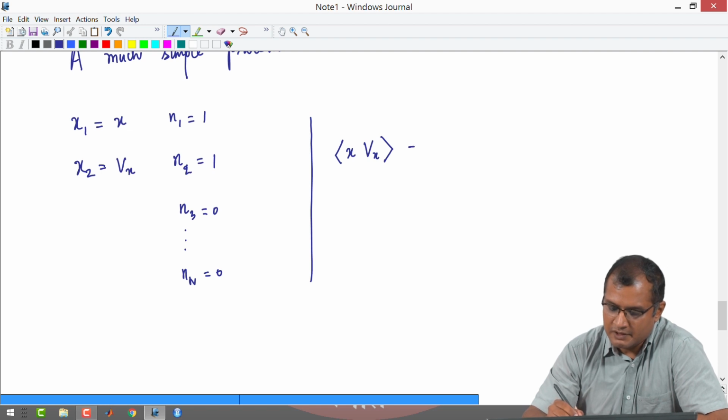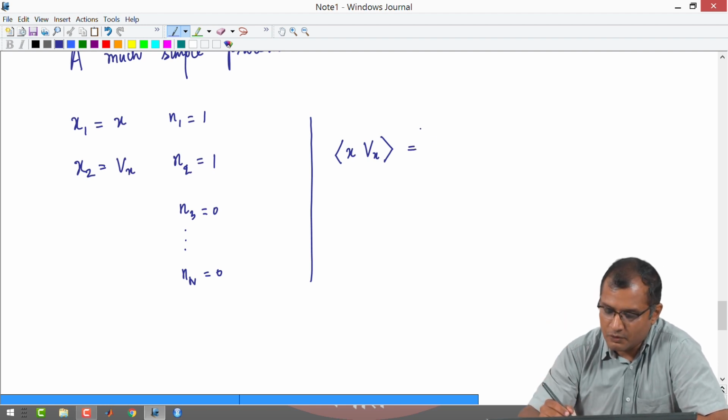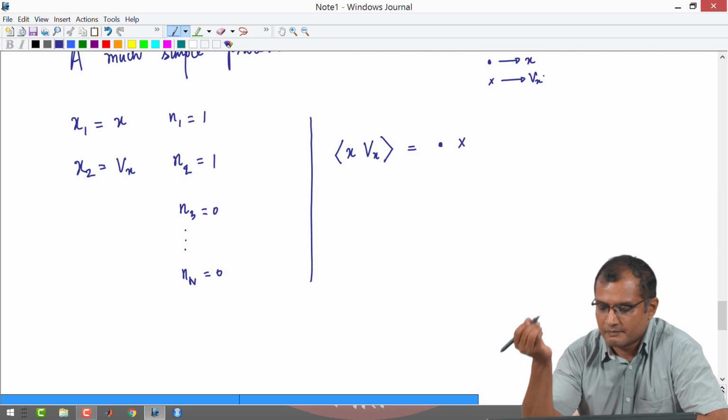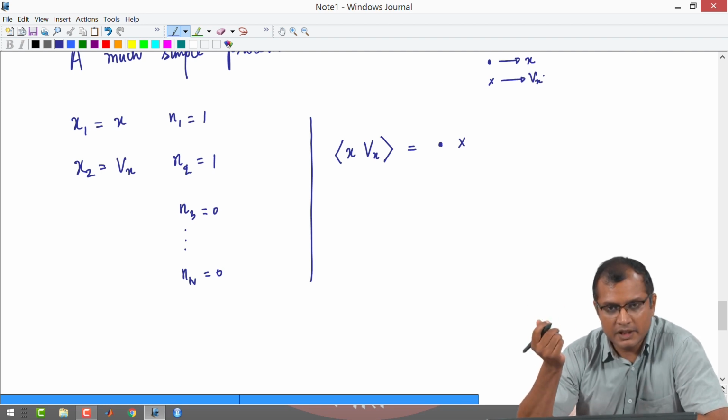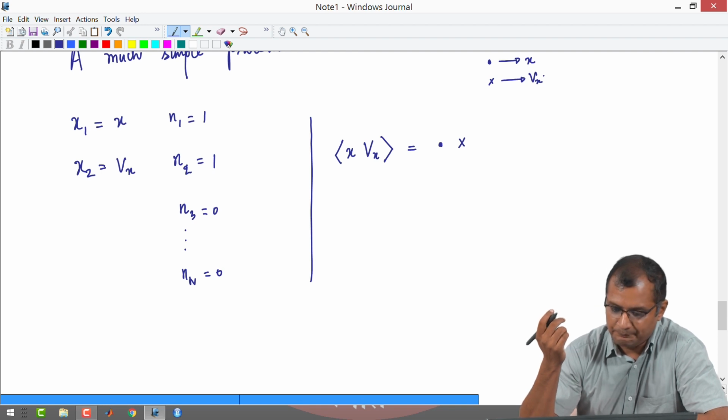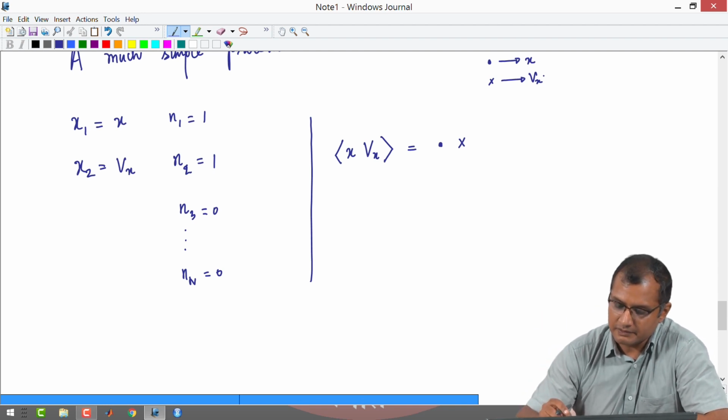Now these are two variables, so I am going to use different symbols. I am going to use a dot and a cross. A dot is for positions, and a cross represents velocity, like we did for the single random variable moments. Now I can write this in two ways.